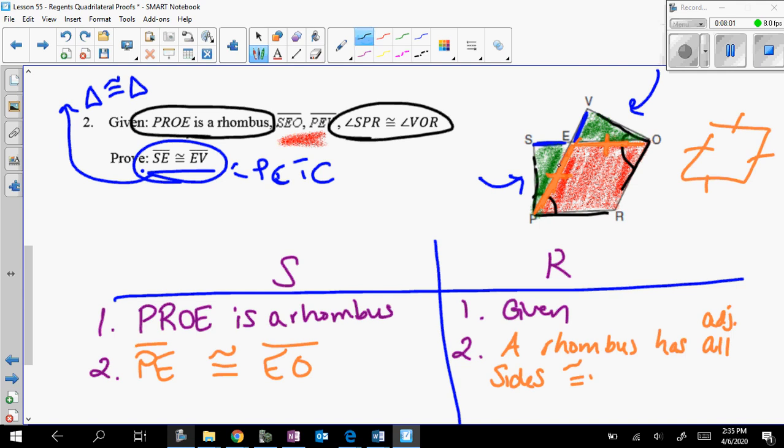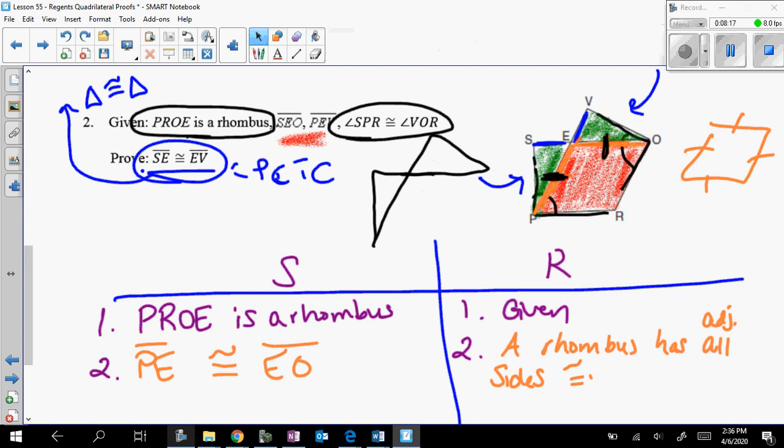It's kind of hard to see that orange, so let me go ahead and mark it black. So we've got congruent sides, and those sides belong to our triangles. Let me try to trace these triangles here and move them over. Kind of a bad job, but I'm trying to show you them separate from the other picture. I've got two sides congruent. What else can I say to get those triangles congruent?